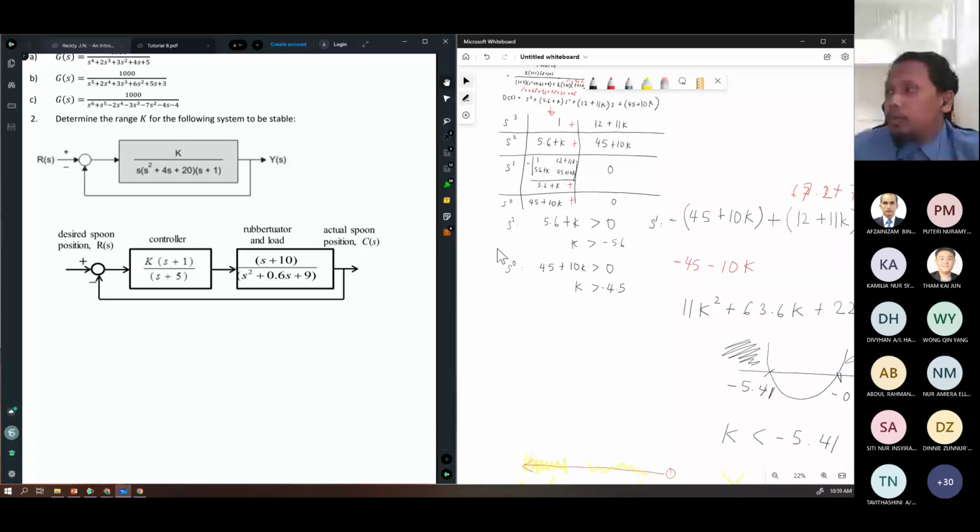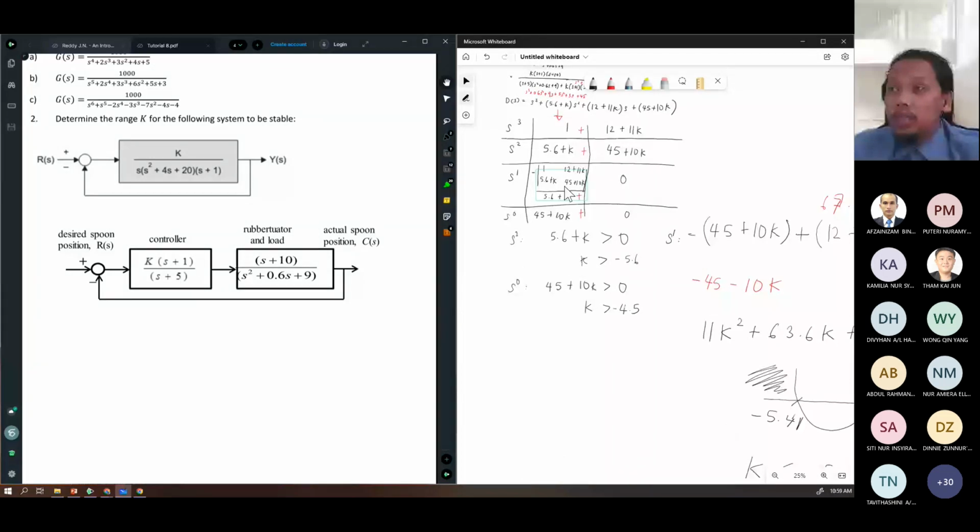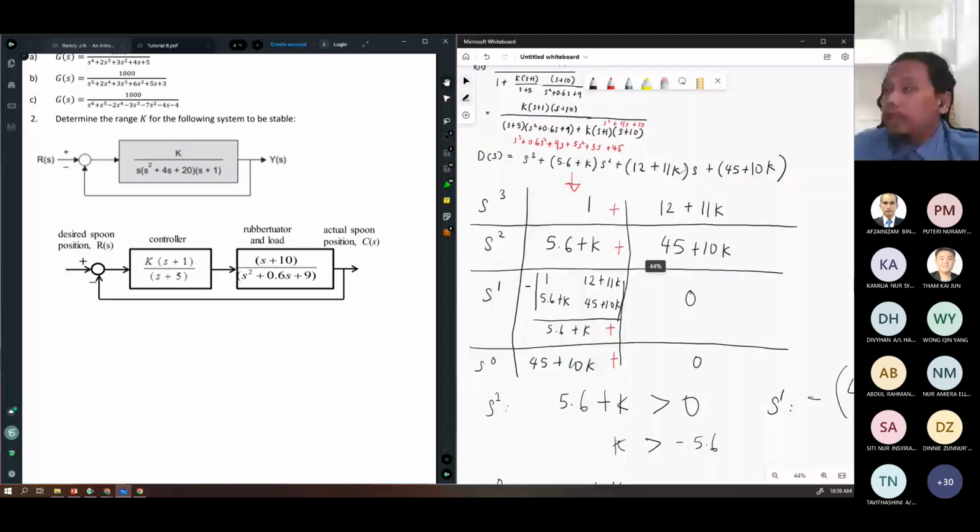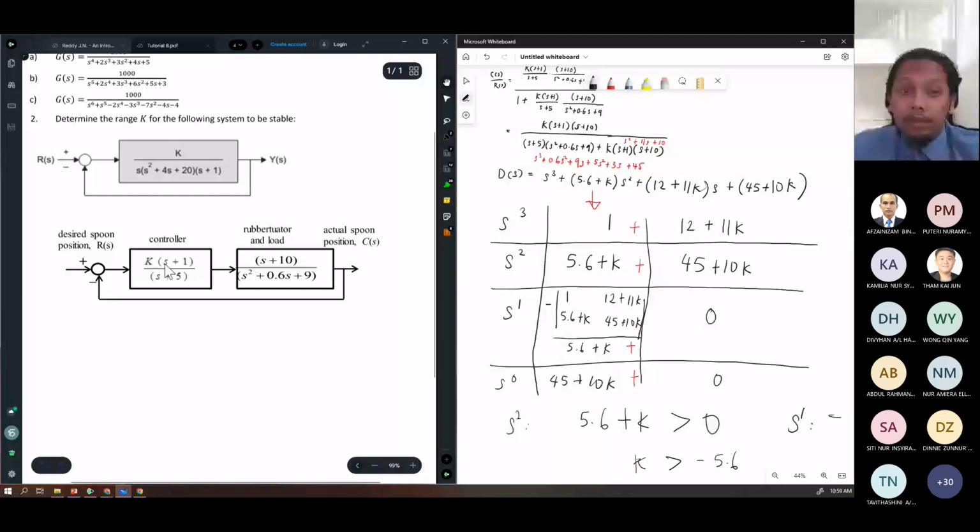To check the first column and make sure there are no sign changes in the first column. If there are sign changes, then the system is not stable. And then before you can generate the Routh table, you need to simplify the block diagram if you are given a block diagram.